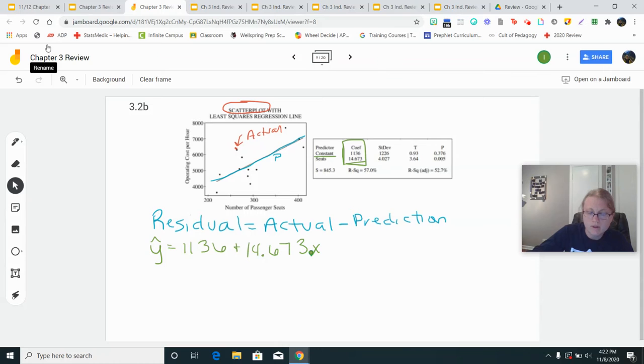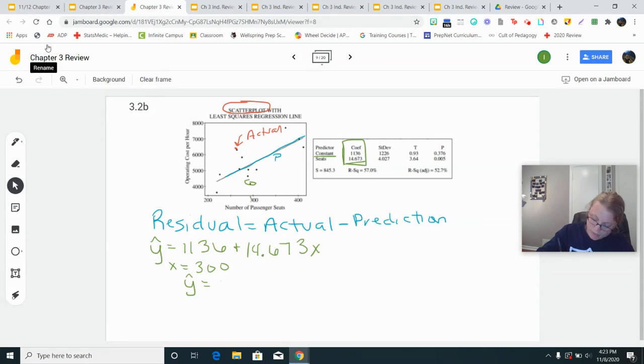Let's say we want to get the residual for the point at, we'll say, about 300. So we're going to plug in x equals 300 into our equation because I need my prediction first. I can estimate my actual in a second, but I also need my prediction to know how far off things were.